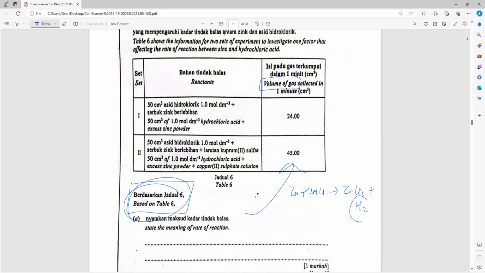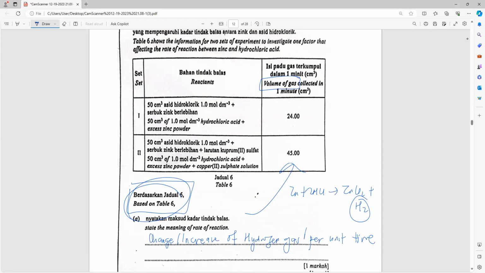Very good. So the answer would be the change. Actually, if I were you, I would know that my hydrogen gas is increasing. I'll put the increase of hydrogen gas per unit time. The per unit time is always going to be there.